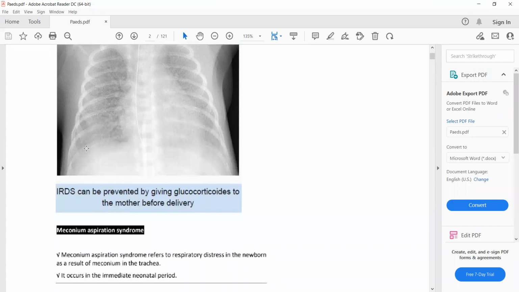How can we prevent respiratory distress syndrome? It can be prevented by giving glucocorticoids to the mother before delivery, because steroids can increase the formation of surfactant. So if in the question they ask how to prevent respiratory distress syndrome, then your answer will be glucocorticoids.